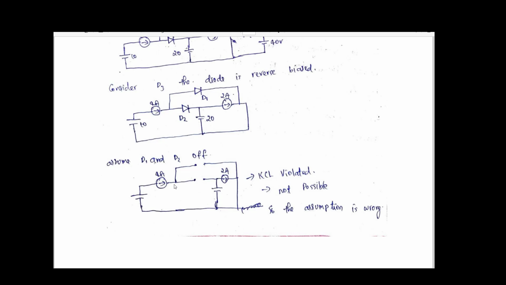Considering this point, there is 4 ampere entering, but the current leaving from this point is 0. That means KCL is violated at this point. So this is not a possible scenario. That means our assumption is wrong: D1 and D2 both can't be turned off at the same time.